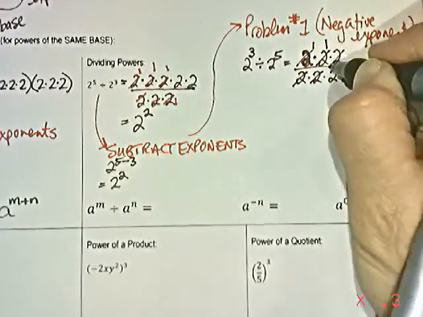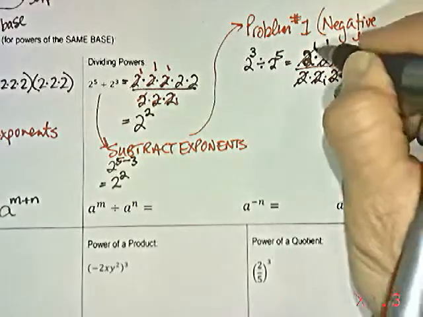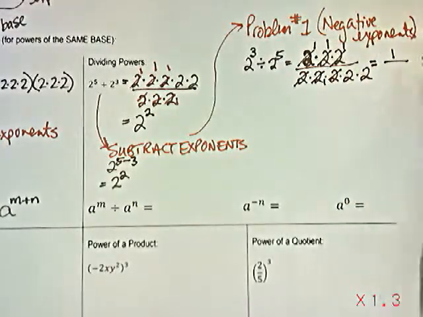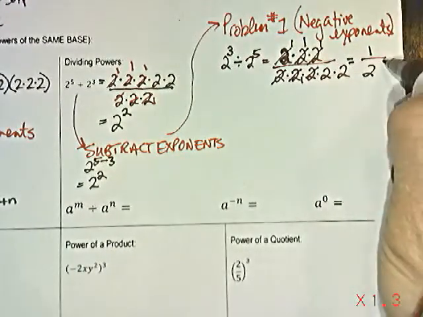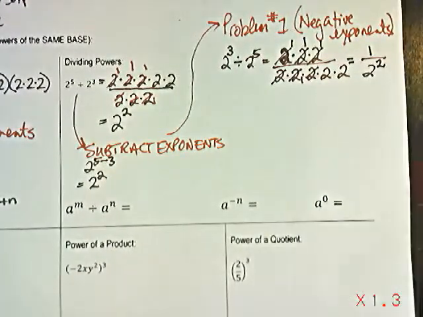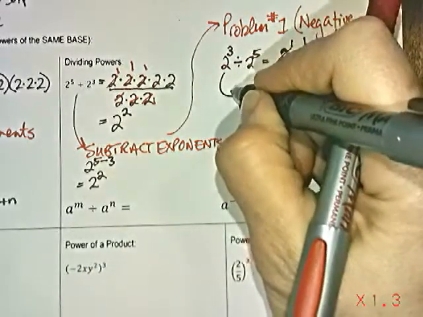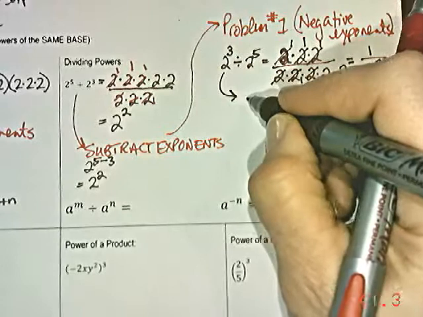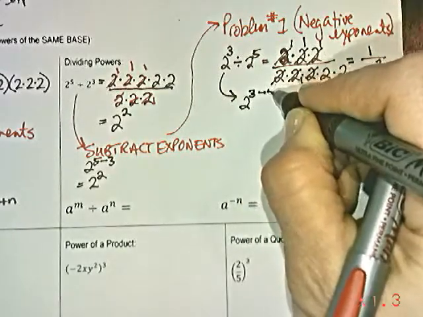It's 1. 2 goes in here once and in here once. And in the numerator, I get 1 times 1 times 1. And in my denominator, I have my 2 leftover 2's, so 2 to the exponent 2. However, if I take that shortcut exponent law that we wanted so that we didn't have to write it all out, I would have this 2 to the exponent 3 minus a 5.